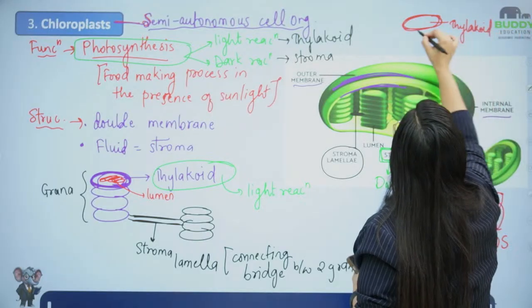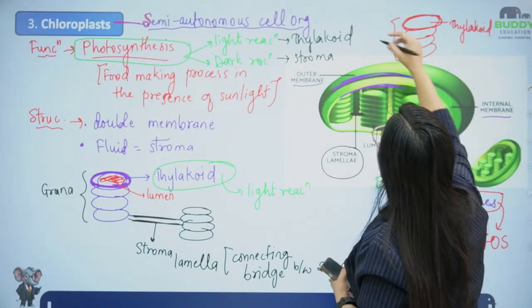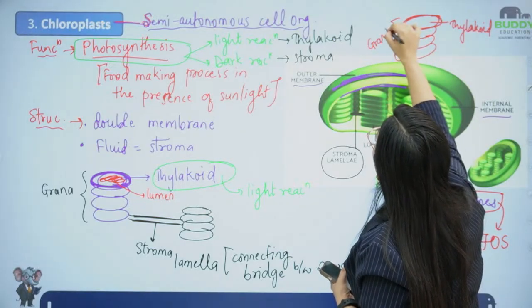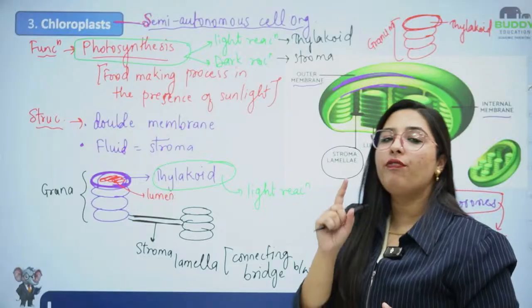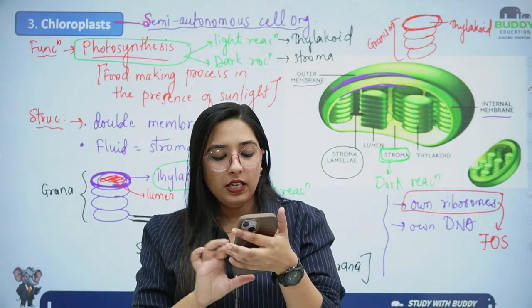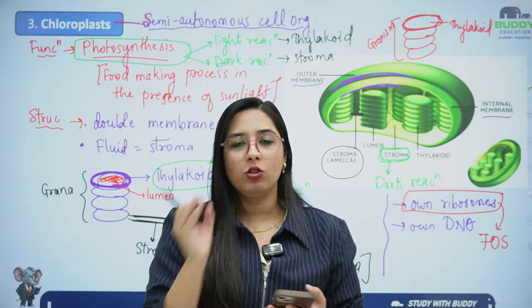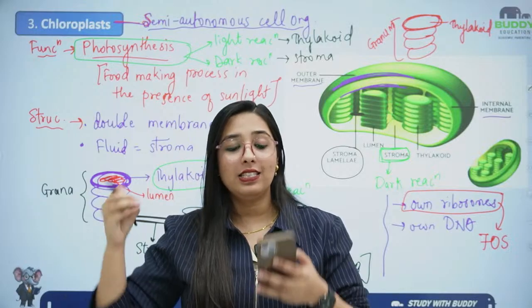And if I stack this one coin on the other, this whole stack is known as granum. Singular form is granum. When I talk about all the granums in the chloroplast, then I'm talking about grana. So granum is the singular form and grana is the plural form.